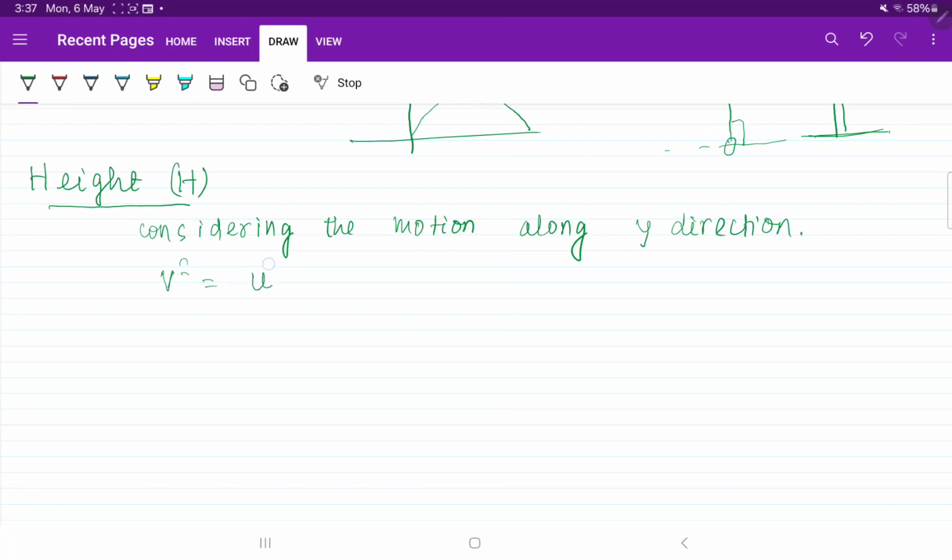v square is equal to u square plus 2a dot s. As it is taking place in the y direction, we can simply write vy square is equal to uy square plus 2 ay sy.